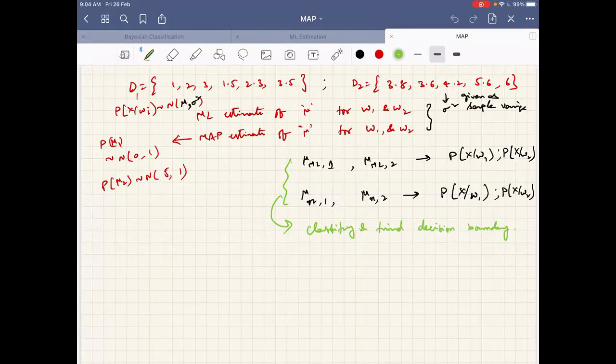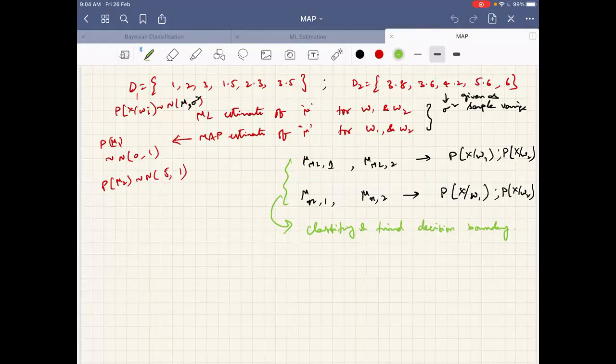Here the samples of class 1 are given, and samples of class 2 are also given. Both class likelihoods are assumed to be modeled as Gaussian or normal with some mean and variance. We said the variance is given and is the same as the sample variance.